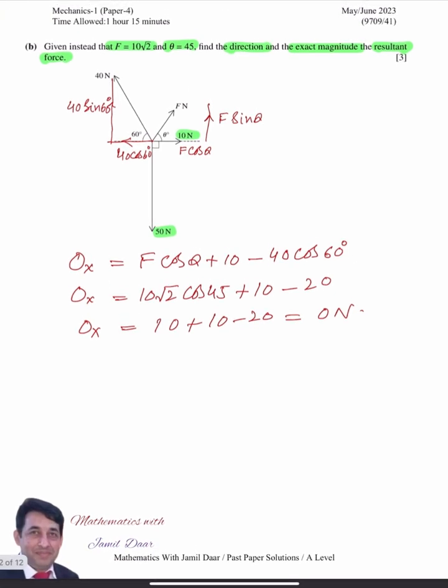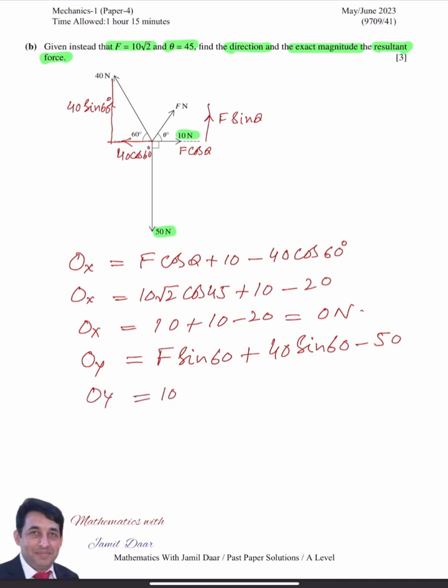Next is the vertical component. So positive y minus negative y: F sine of theta plus 40 sine of 60 minus 50.